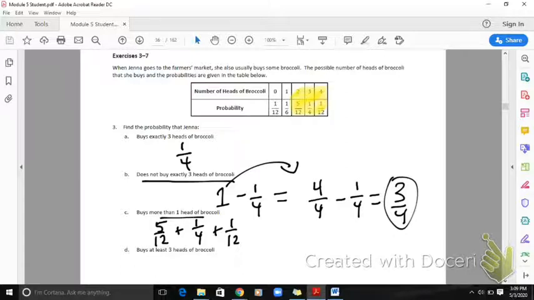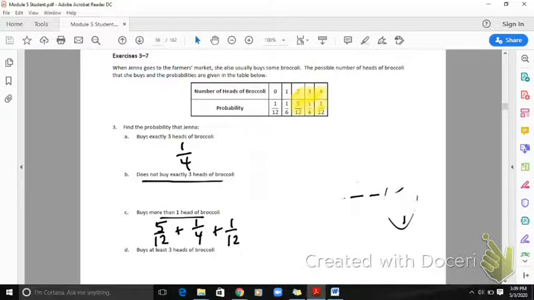So let me erase part of B here so we have a little bit extra room. If you remember, to add fractions we have to get a common denominator. Here, the number that 12, 4, and 12 all go into is just 12, right? Because 4 goes into 12 3 times.